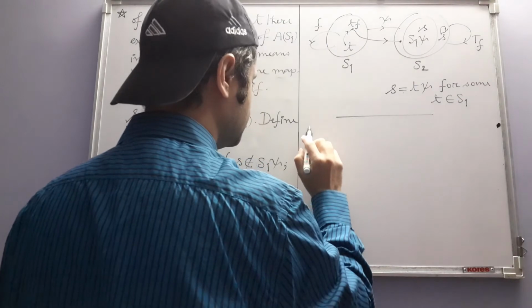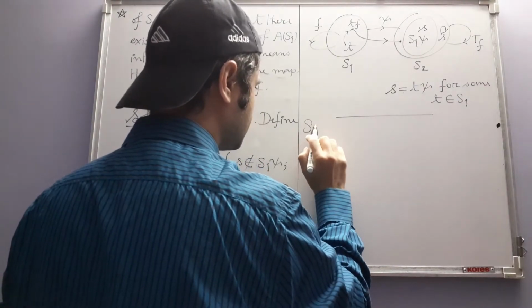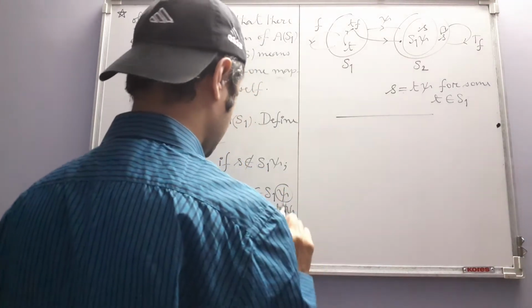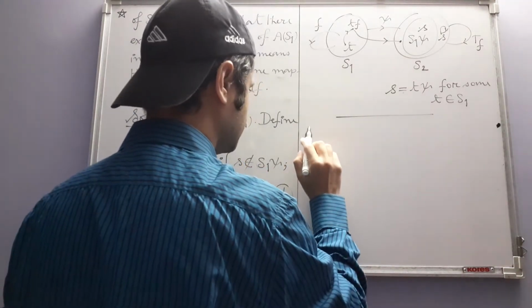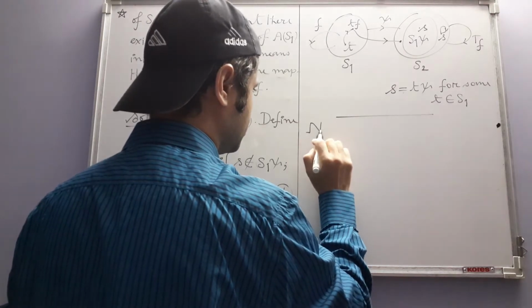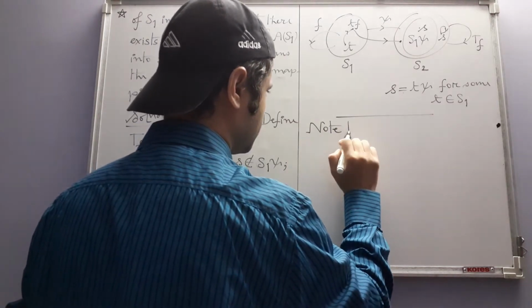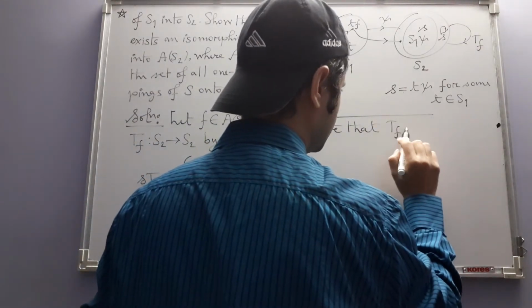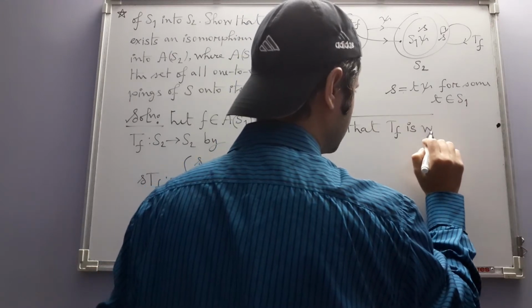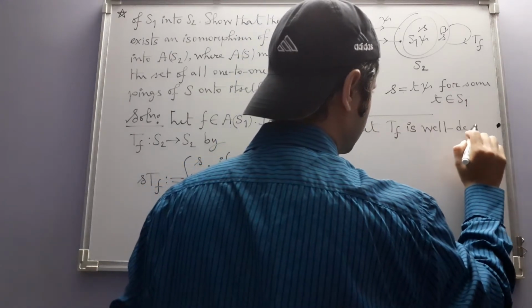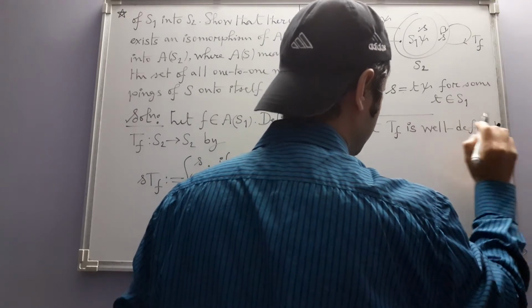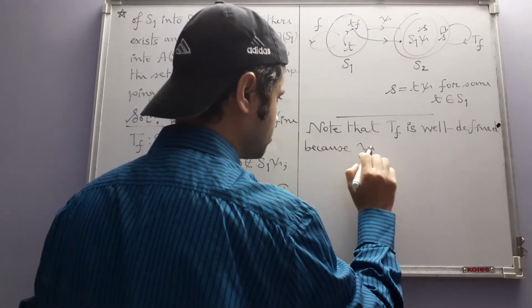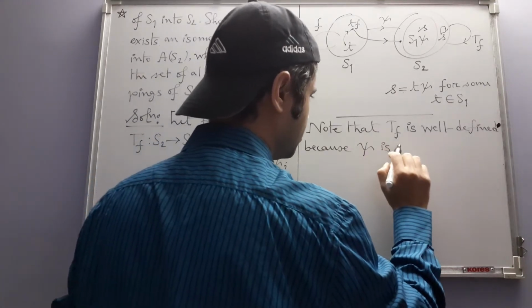So let us write the sentence like this: note that TF is well defined because psi is 1 to 1.